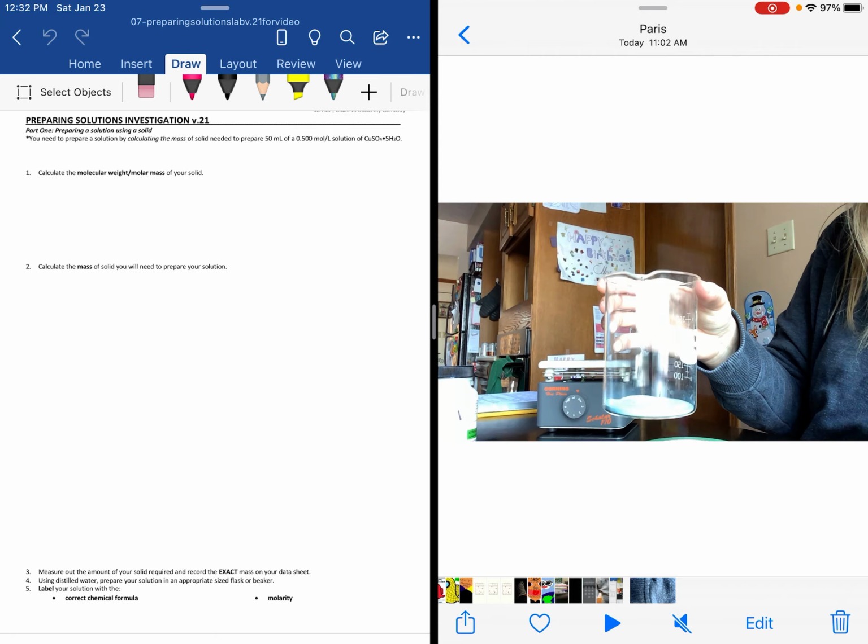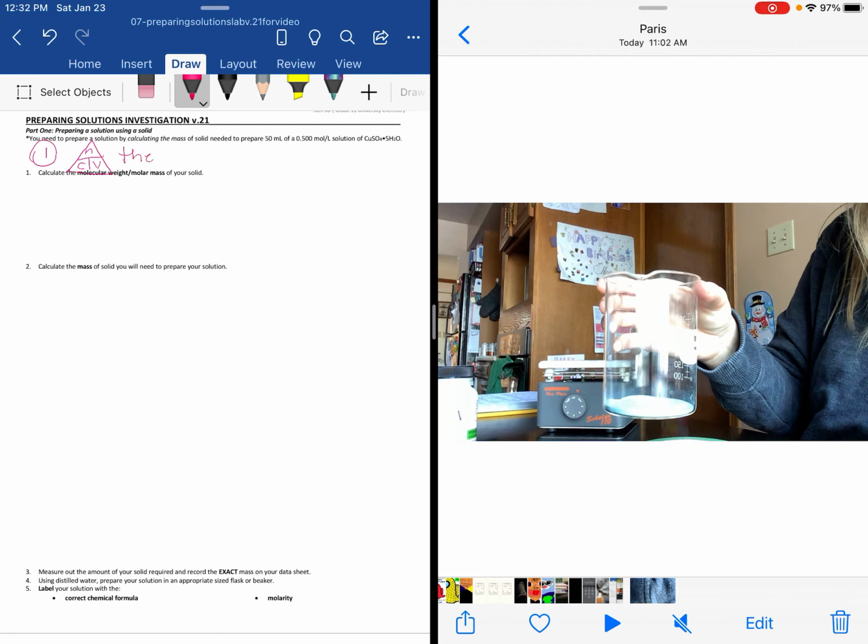So when you're calculating the mass, you can do two things. The first way would be to do the new triangle from this unit. Concentration is moles per liter.